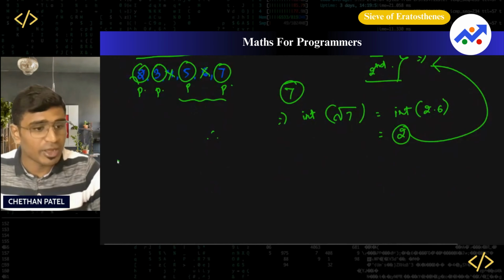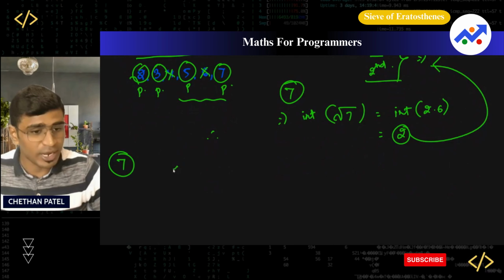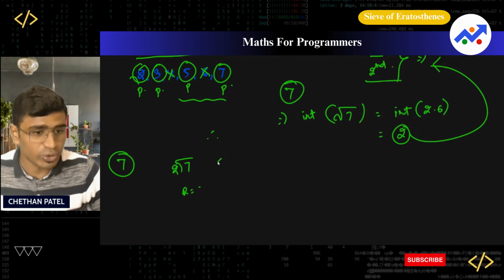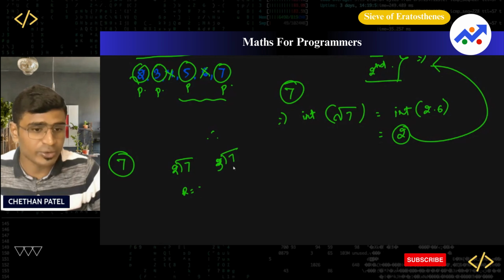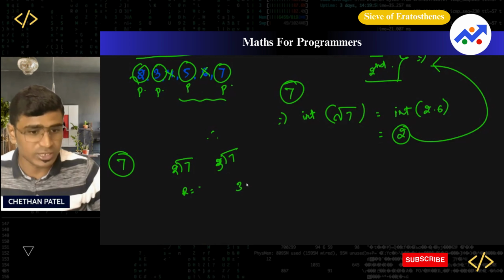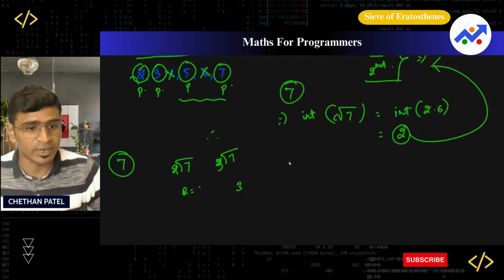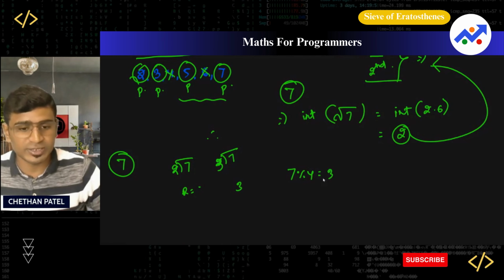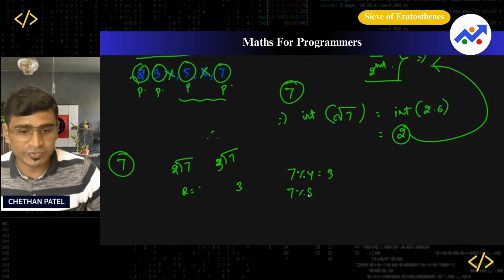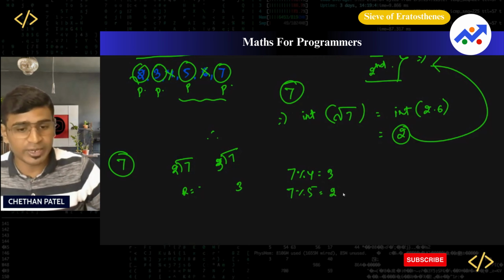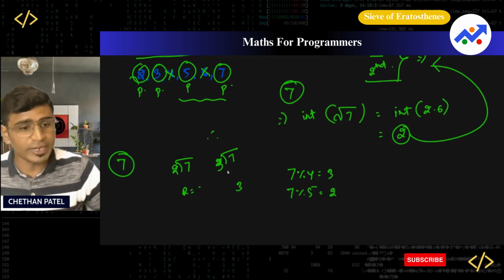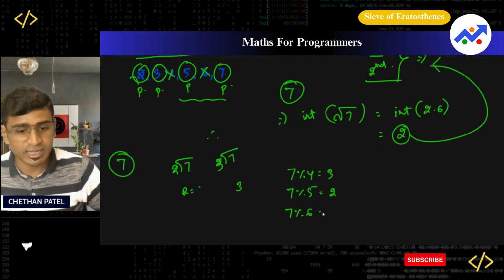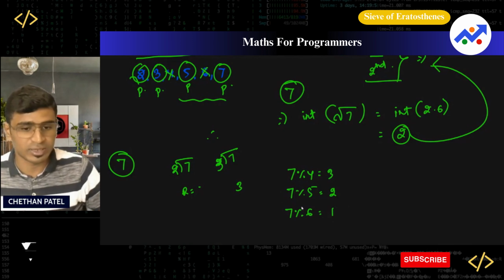But before, if you wanted to identify whether 7 is prime, you would need to divide 7 by each number and compute the remainder every time. 7 percent 4 is 3, 7 percent 5 gives 2 as the remainder, 7 percent 6 gives 1.